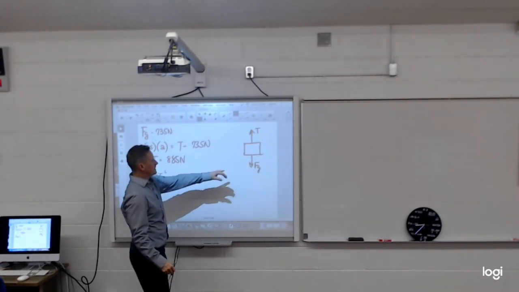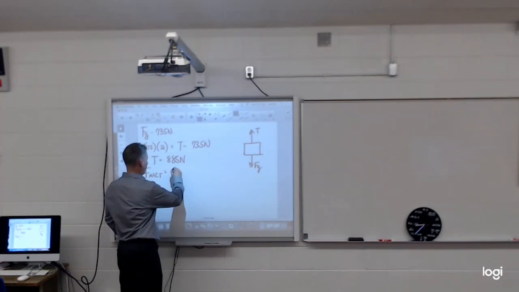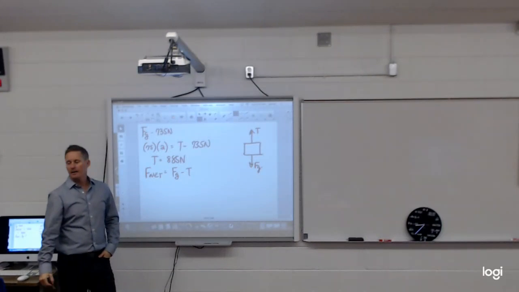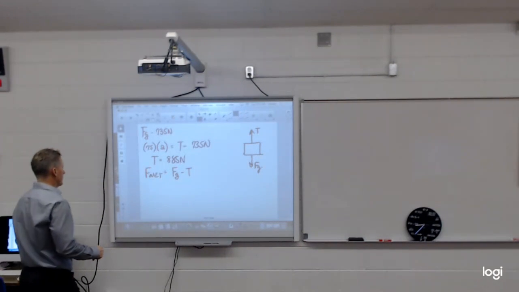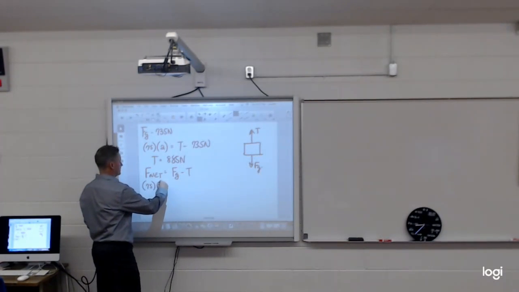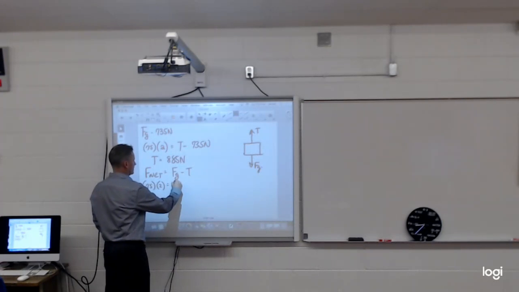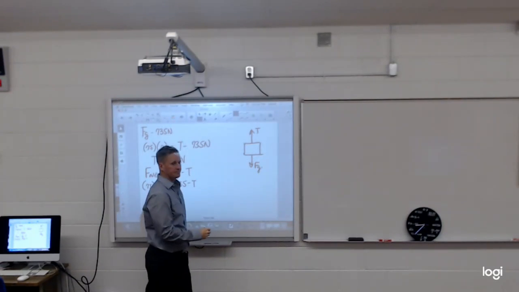So that means that this has to be more force than that does, right? So let's go force of gravity minus the tension in this case. Again, I'm still looking for tension though, right? So my net force is 75 times 2 equals 735 minus T.